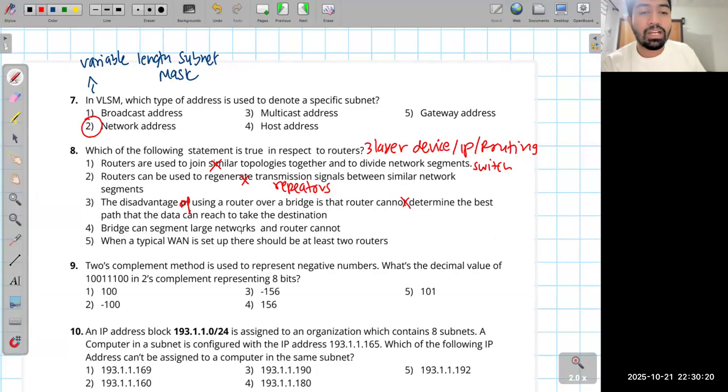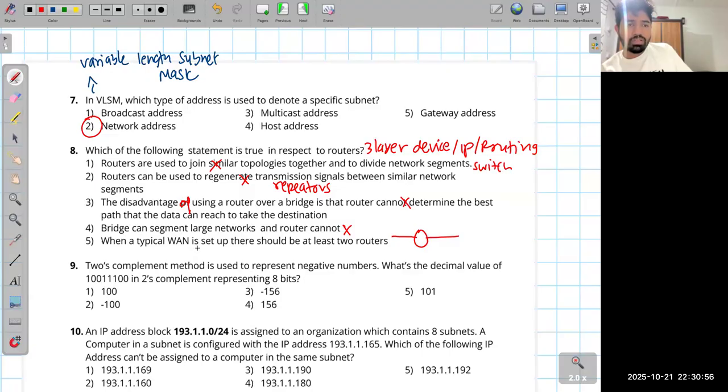Bridge can segment large networks and router cannot? No. When a typical WAN, wide area network, is set up, there should be at least two routers? No, one is enough. What is the correct answer? Routers can be used to regenerate signals between similar networks?